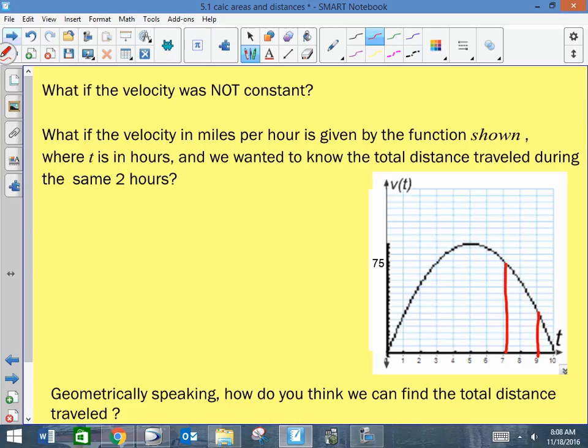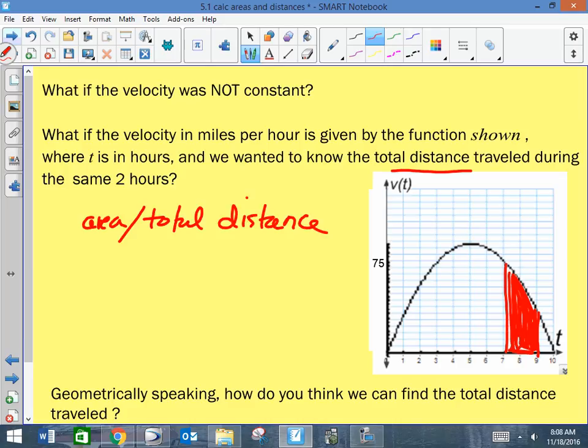How would we figure out total distance in this area? Any suggestions about what we could do? We're looking for the area, which is total distance, because we just said that's the same thing.